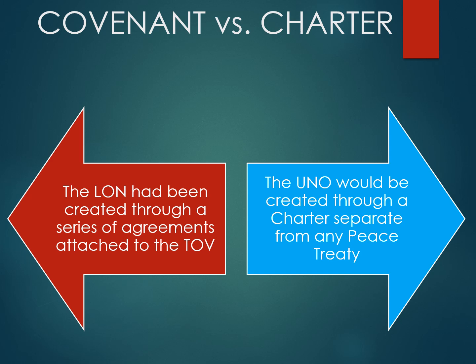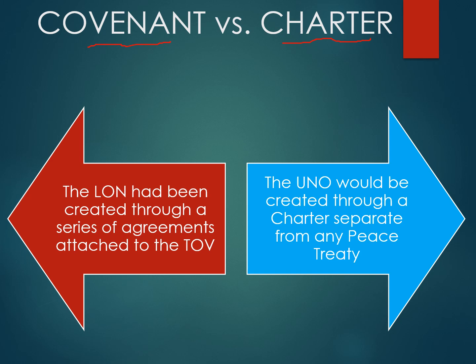So they did not want the UN Charter to be necessarily associated with any peace treaty, because otherwise people who were unhappy with the peace treaty would immediately be unhappy with the organization as well. That is something that had happened with the League. Another thing that they did was, rather than just having a covenant, which is basically a set of agreements, yeah, we agree to do this, we agree to do this, the United Nations had a charter, and it was felt this would make it stronger and make the obligations of the countries stronger.